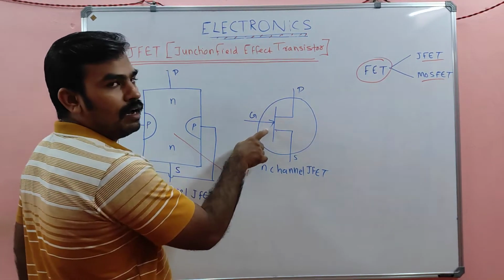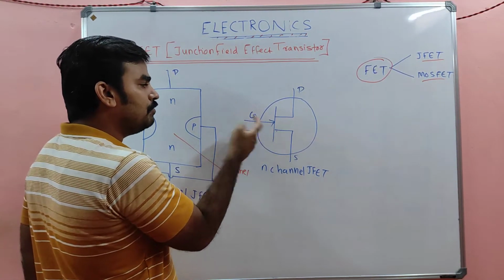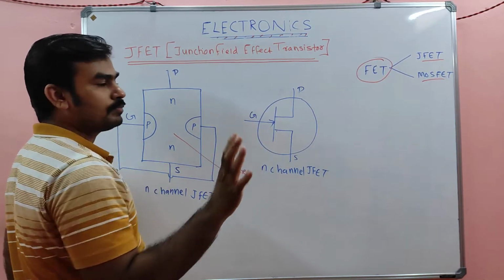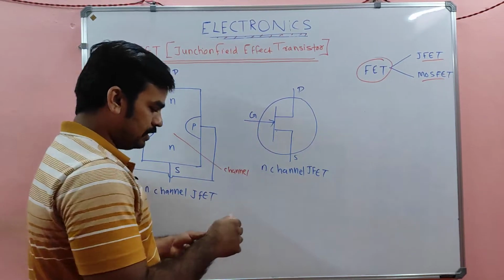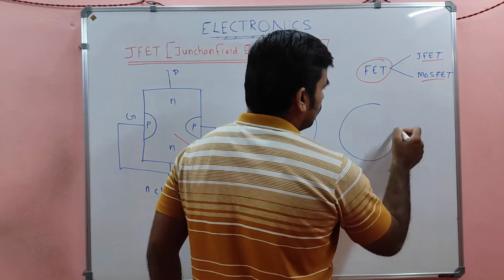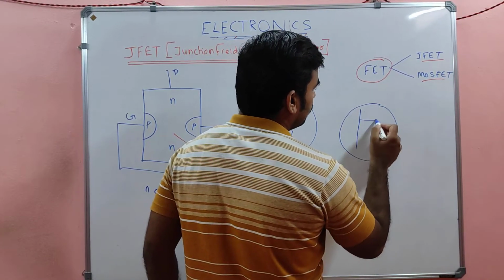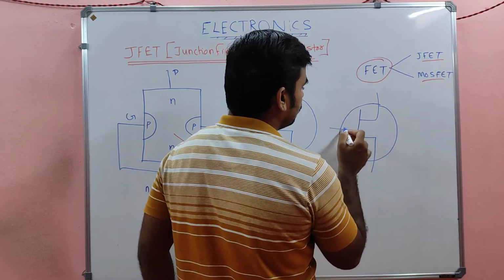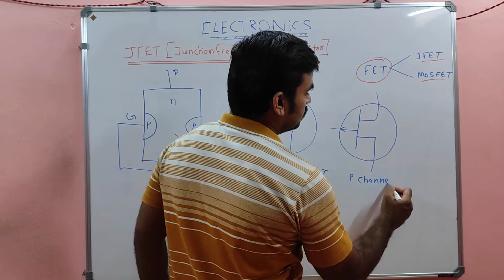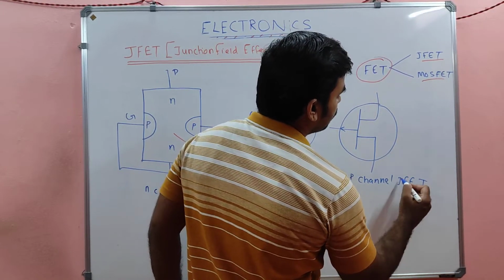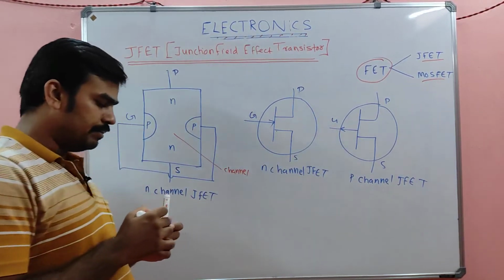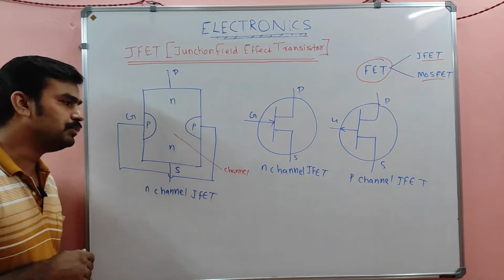The difference in symbol is only that the arrow will be away from the circle, that's all. This is the N channel, and this will be the P channel JFET. This is source, this is drain, and this is the gate. That is the only difference between N channel and P channel JFET.